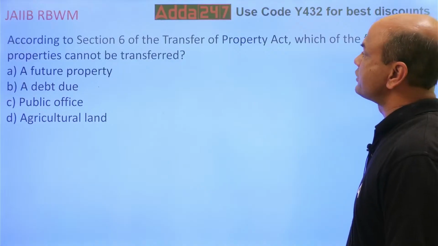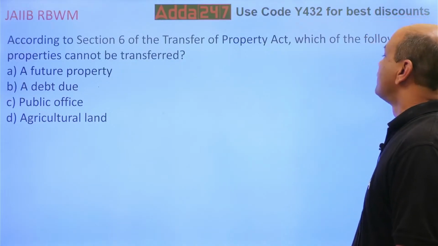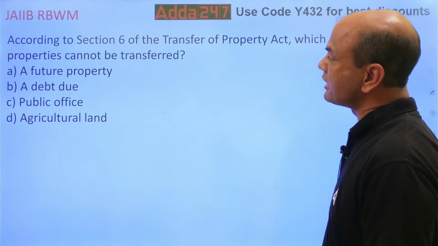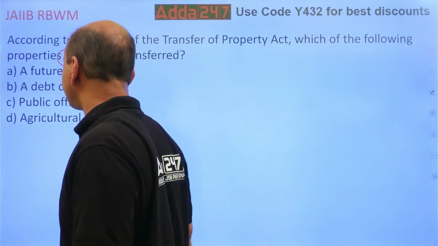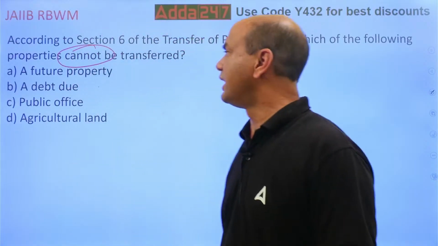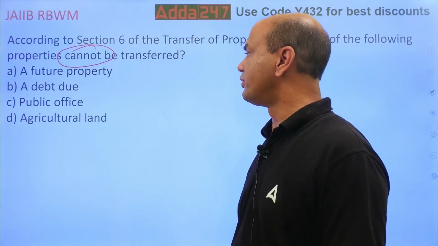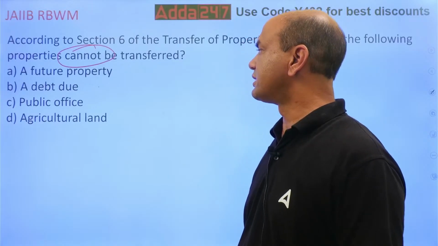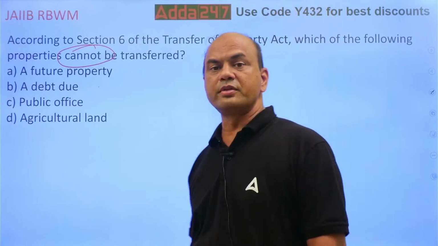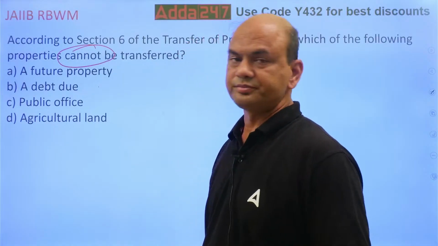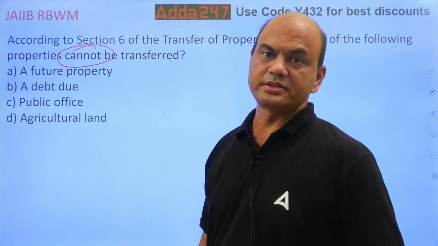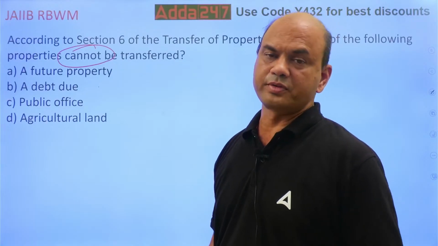According to Section 6 of the Transfer of Property Act, which of the following properties cannot be transferred? A future property, a debt due, a public office, and agricultural land. Which of them cannot be transferred?